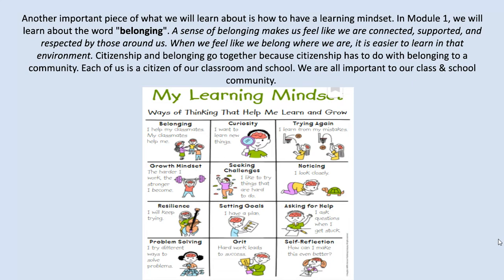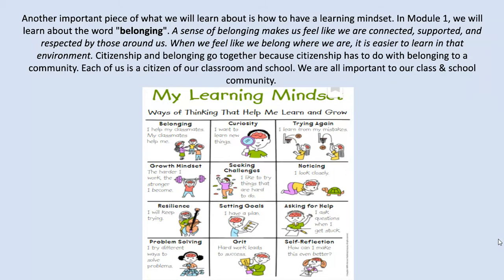Citizenship and belonging go hand in hand together because citizenship has to do with belonging to a community. Remember when I said community was going to be an important word for us? So being a citizen means that you belong to a community. We have a classroom community that we're building. Each of us is a citizen in our classroom community.